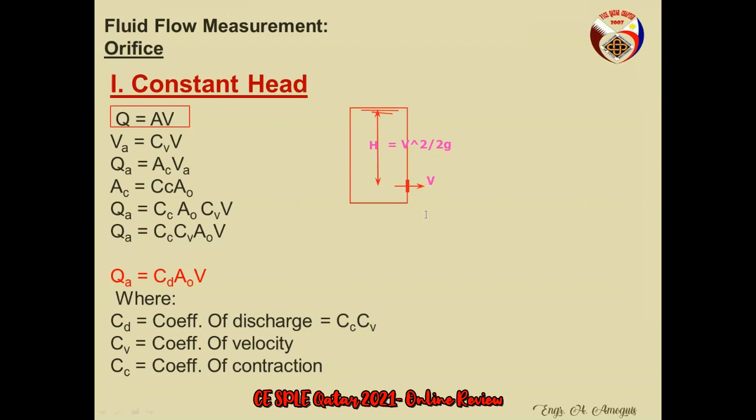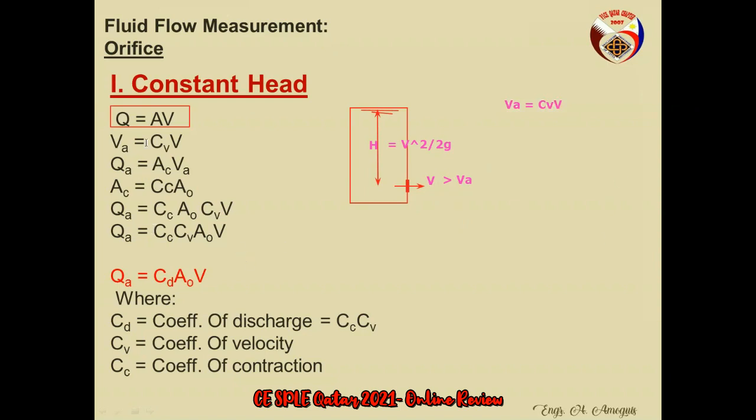Kaya yung theoretical velocity is always greater than actual velocity. So, V actual equals CV times theoretical velocity.